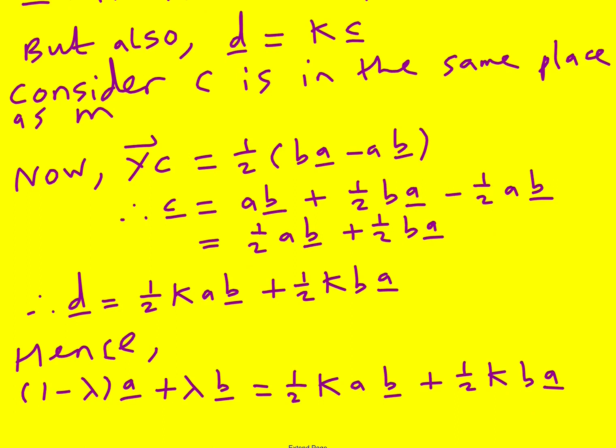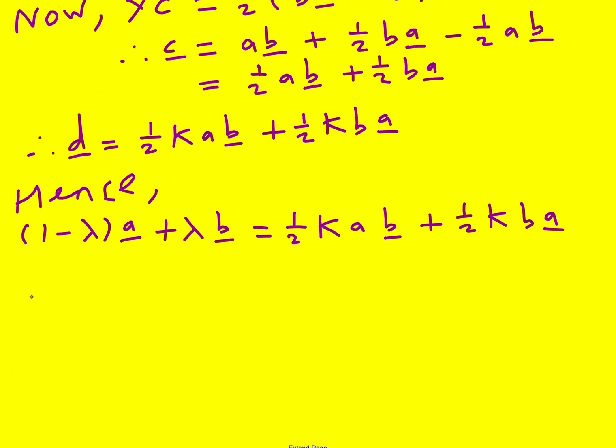Now, A and B are not parallel vectors. So it must be that this coefficient is equal to this. This is essentially not just an equation: whatever A and B are, this is true.